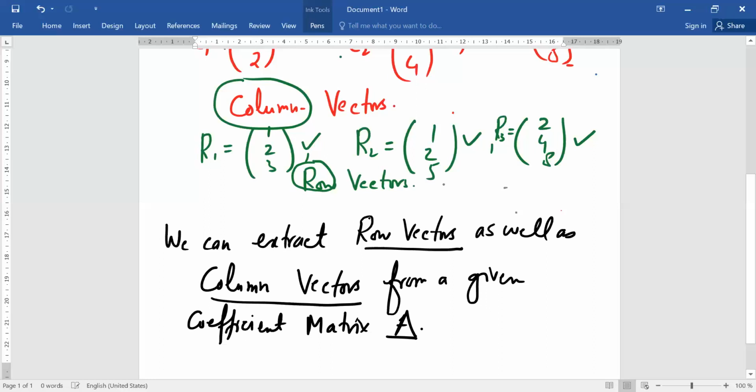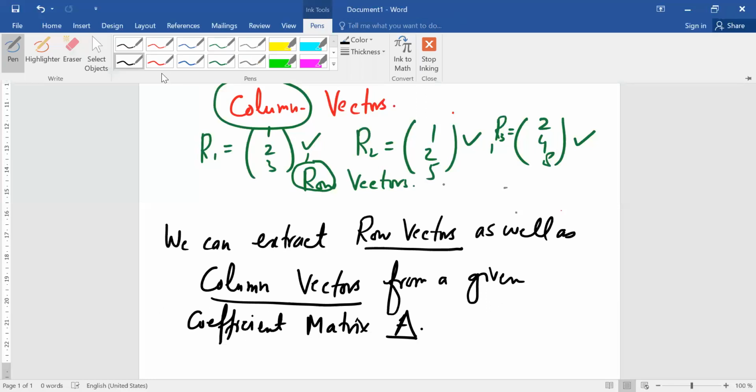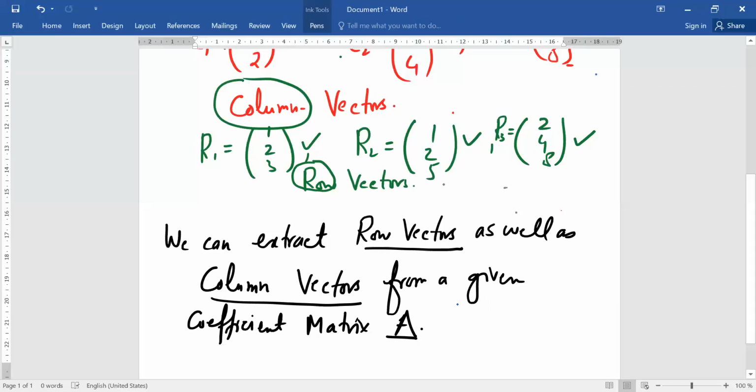So if I take row vectors and form a linear combination of row vectors, and I can also make a linear combination of column vectors.